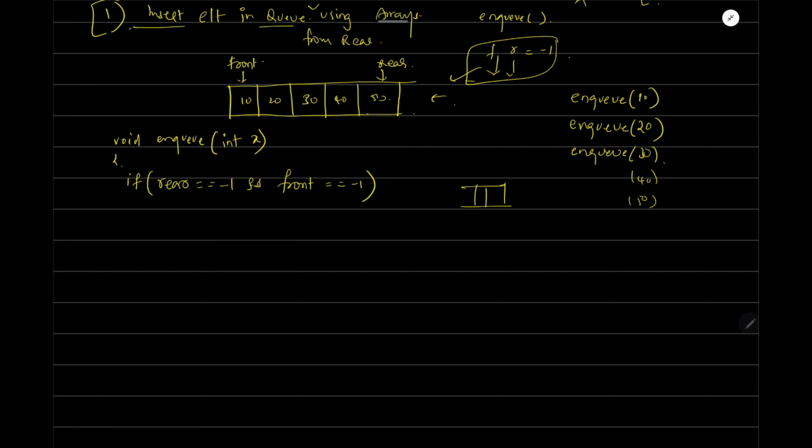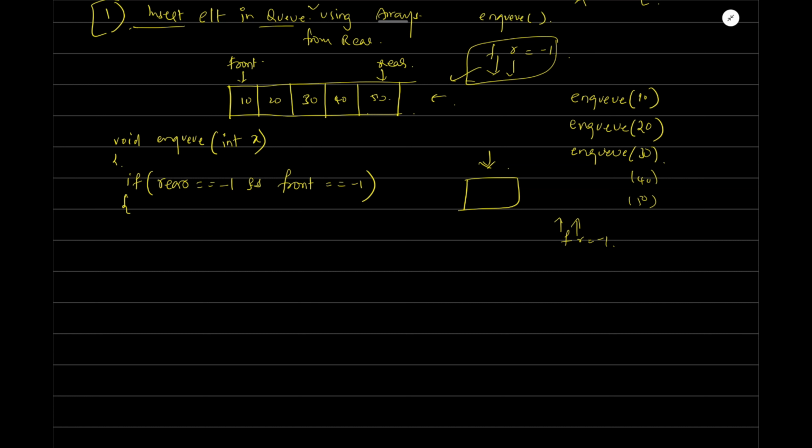So we are inserting. This is the condition where we don't have any elements. Initially front is equal to rear is equal to -1. Now we are inserting one element into the queue.